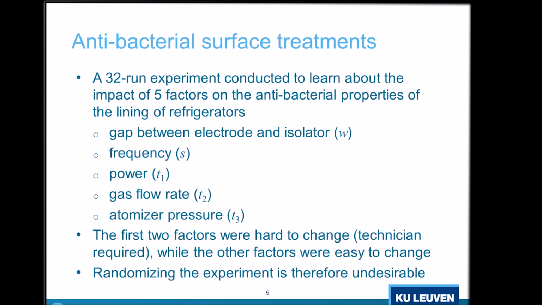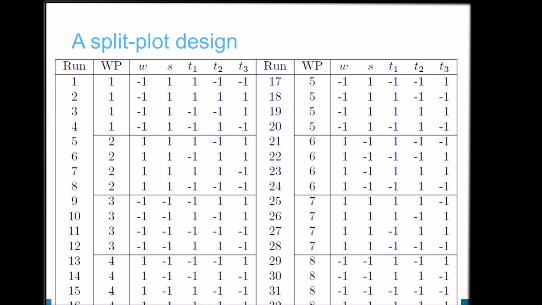What the researchers did like is shown on slide number 6. On slide number 6, you can see a split plot design with 32 tests, 32 experimental runs, partitioned in 8 groups of size 4. And these 8 groups in the jargon are called whole plots.